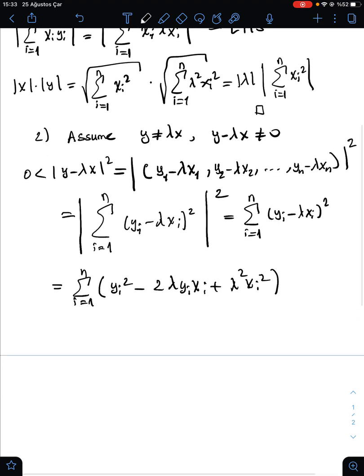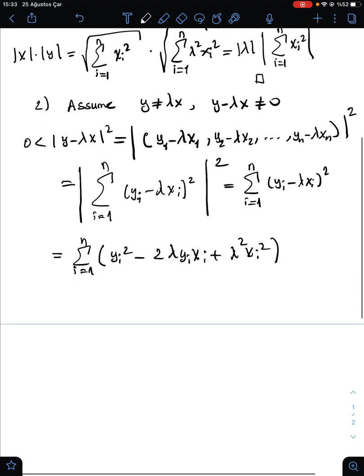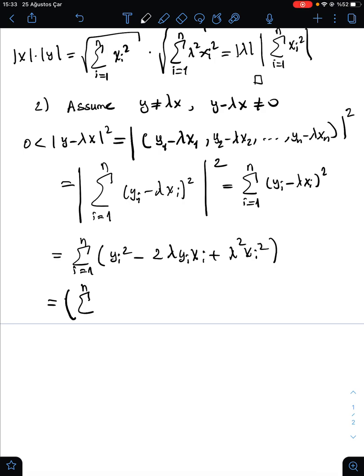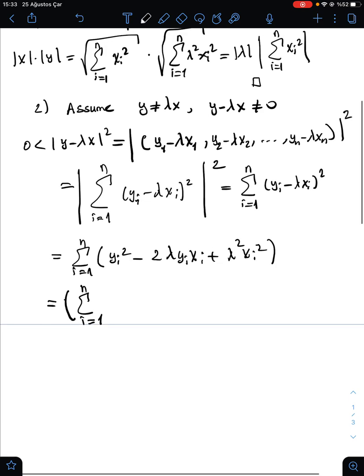Now open this again in terms of lambdas, so you get the following equation. It's like a constant, the sum. You will understand in a moment what I mean by that.